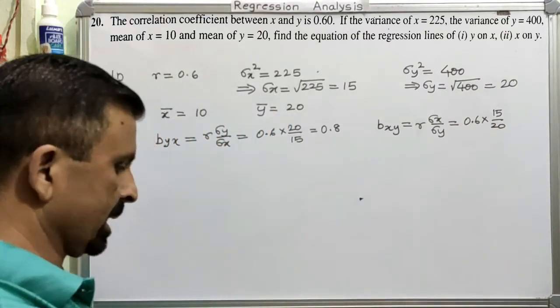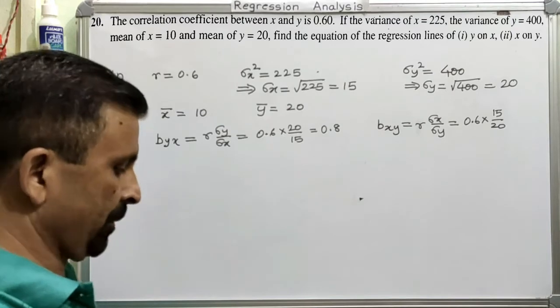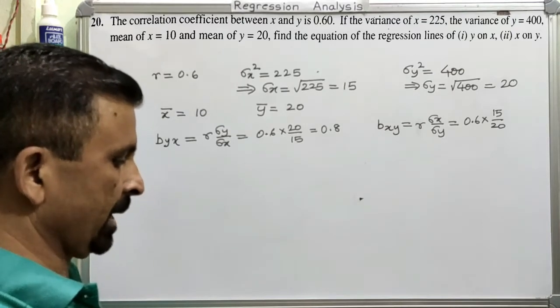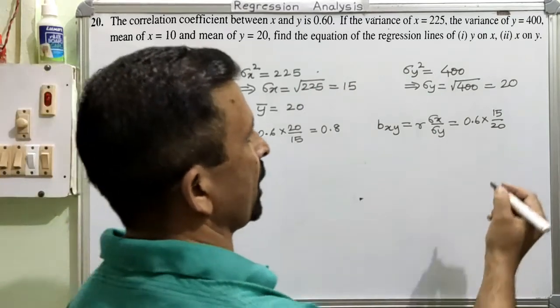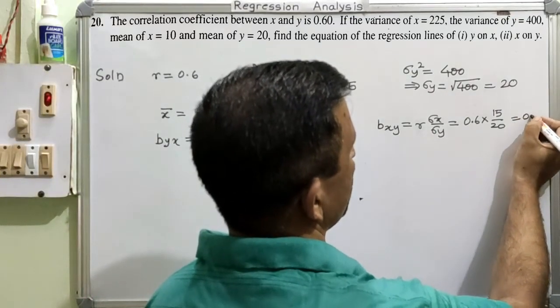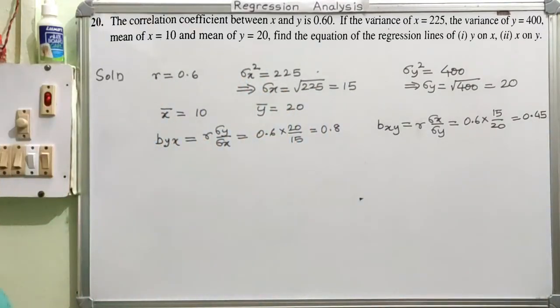Now once again, let us calculate and find the value. This is 0.6 into 15 divided by 20, which is 0.45. So after these two things are calculated, we will be then able to find the equation.